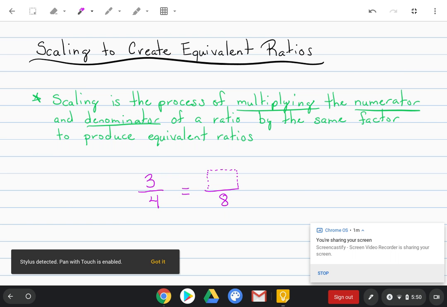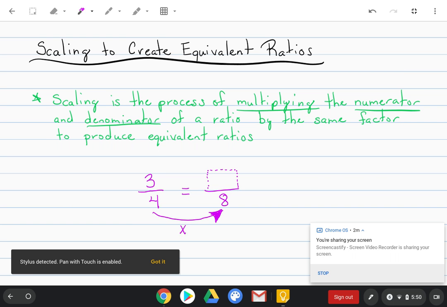So I'm looking and I notice that I can easily find a connection between this number 4 and that number 8. Notice I'm going from the 4 to the 8. So let me ask you, what number can I multiply 4 by to get 8?